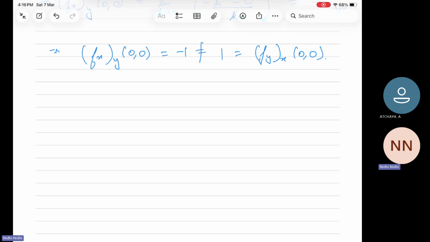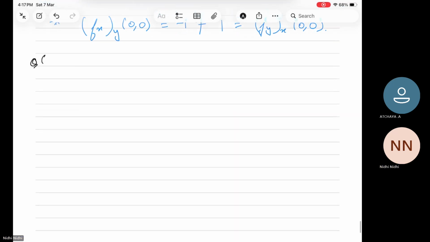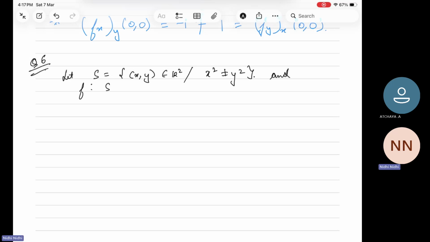Question number 6. Let S be the set of points that contains all those x, y in R2 such that x square is not equal to y square. And F is defined on the set S to R as follows.